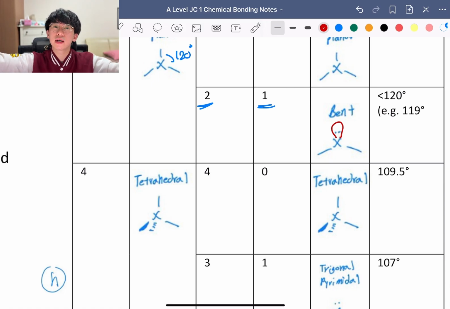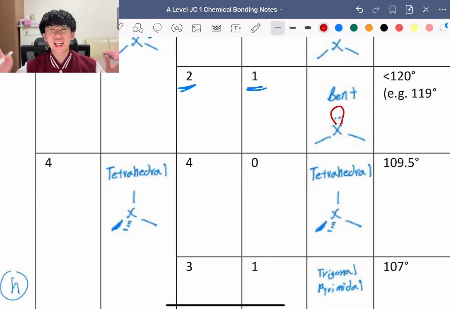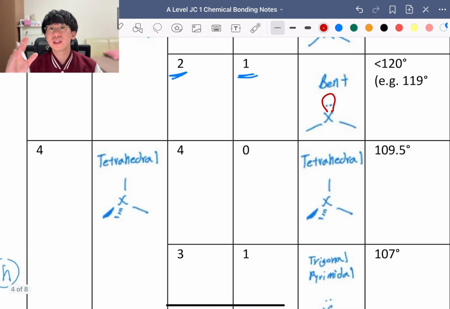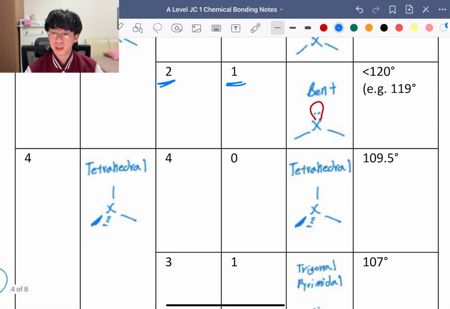When they shove the younger siblings away to make more way for themselves, they will occupy more space, and because of that, the younger siblings have to squeeze closer to each other. And because of that, the bond angle will decrease. So the bond angle will be lesser than what is expected. The expected is 120, so it will be about 119 degrees.